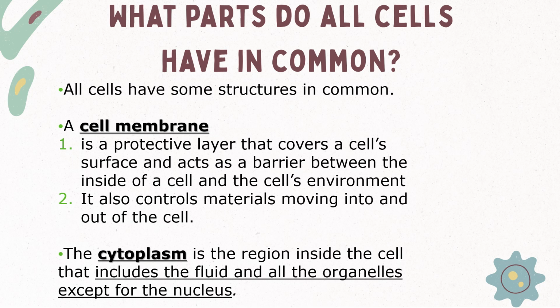The one that acts as a protective layer is called the cell membrane. The cell membrane is a protective layer that controls the material moving into and out of the cell. Cytoplasm includes the fluids and all organelles except the nucleus.